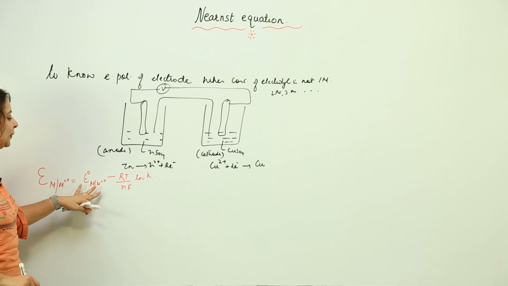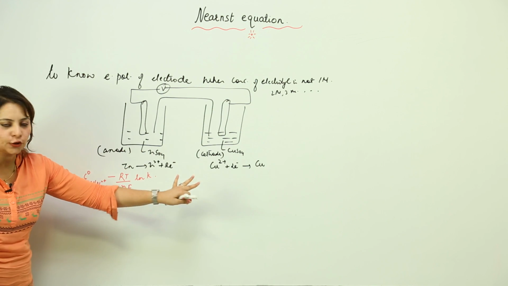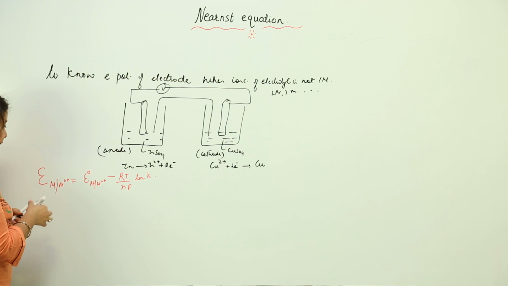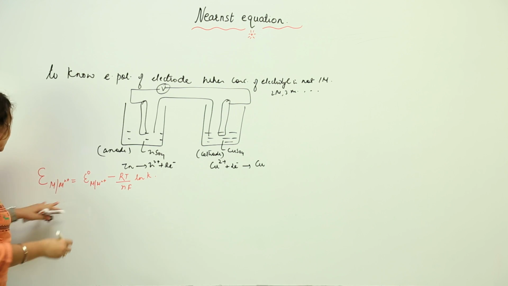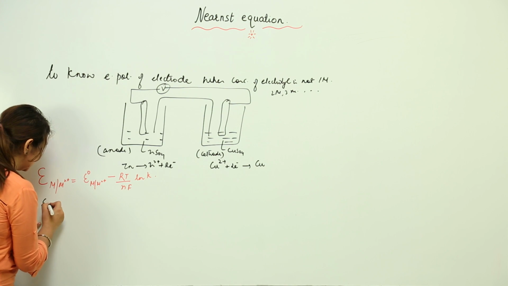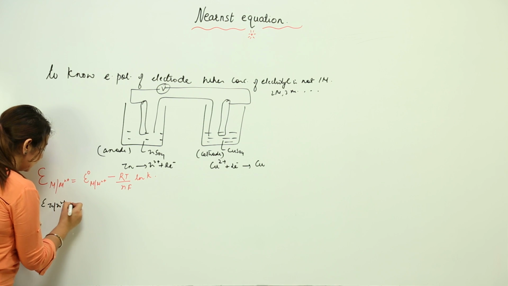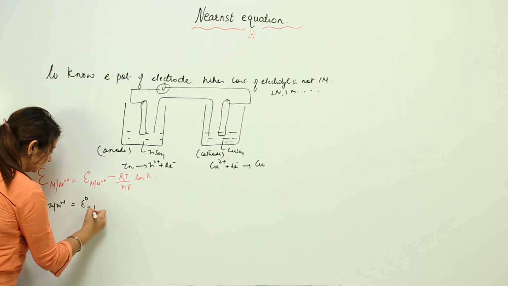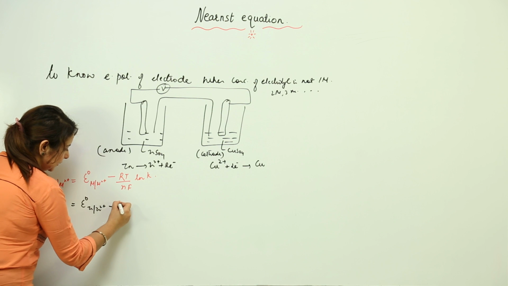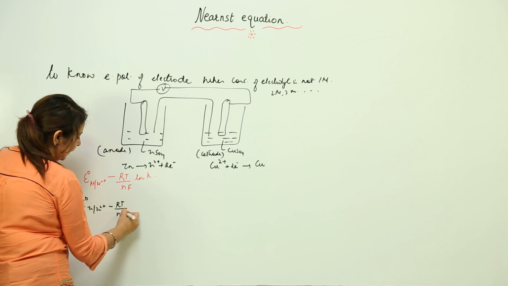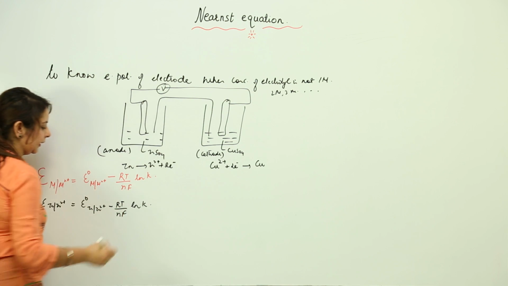So now I am going to apply this equation for this also and for this also. So that means if I write this as this, I will be writing it this way, minus RT upon NF ln K, right.